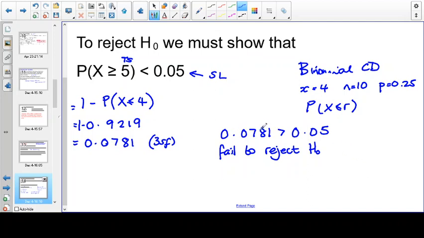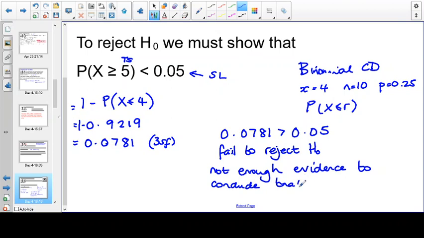So because this is not a small enough probability, we cannot reject the null hypothesis, and there is not enough evidence to conclude that Mrs. Battersby has cheated. The probability is not small enough, so in other words, I had a better chance.